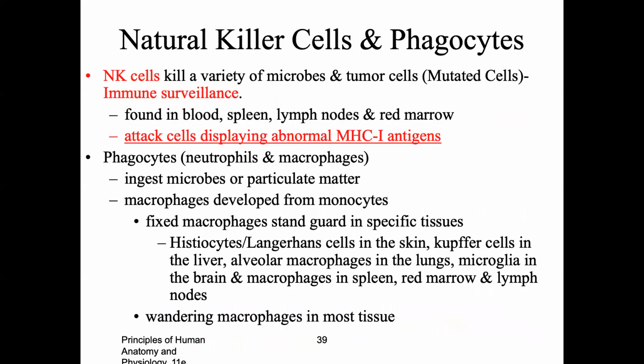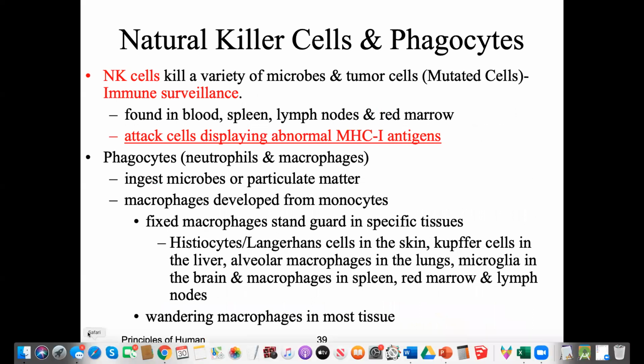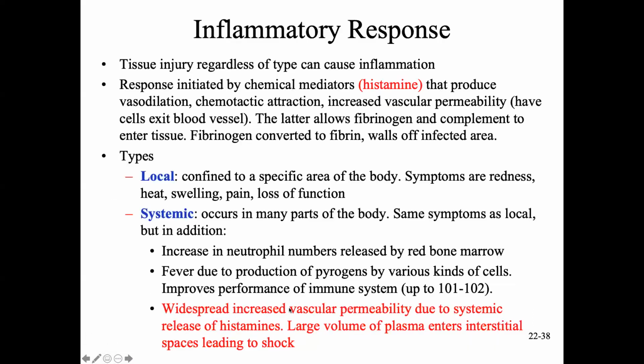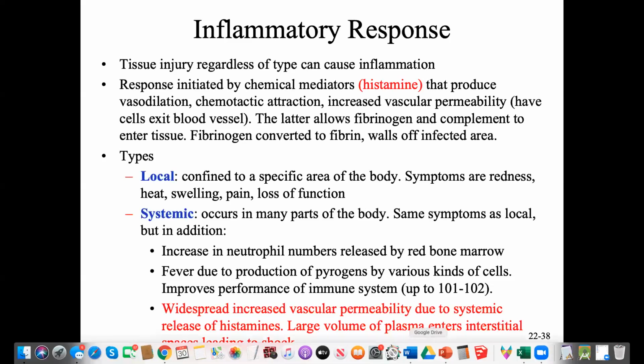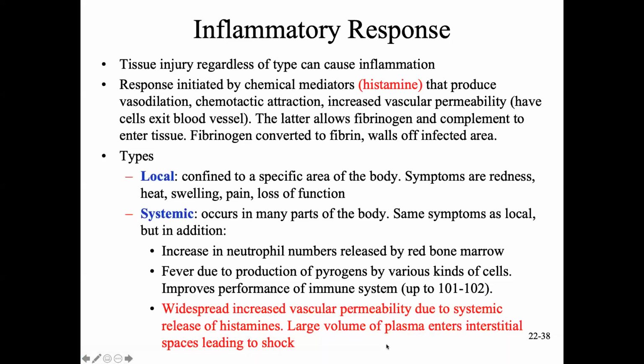Now, what does the inflammation do? Right? Widespread increased vascular permeability due to systemic release of histamine can cause, right, a large volume of plasma to enter the interstitial fluid, leading to shock. It's almost like an anaphylactic shock reaction.